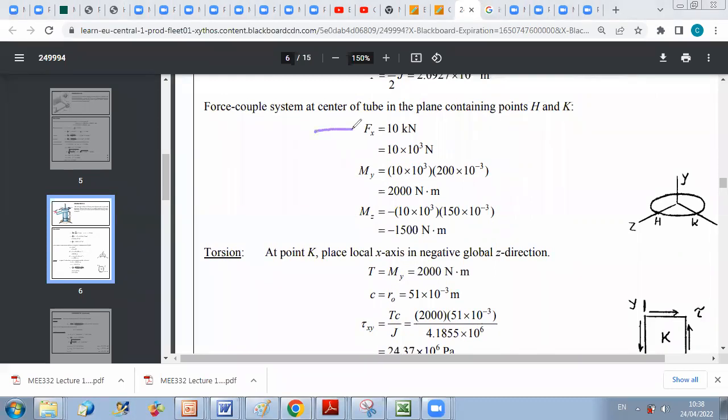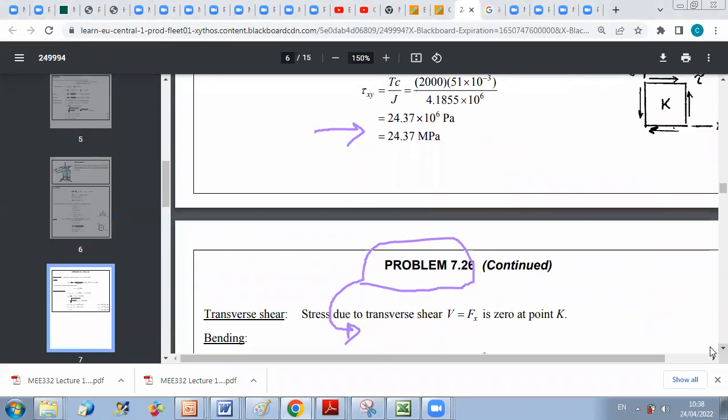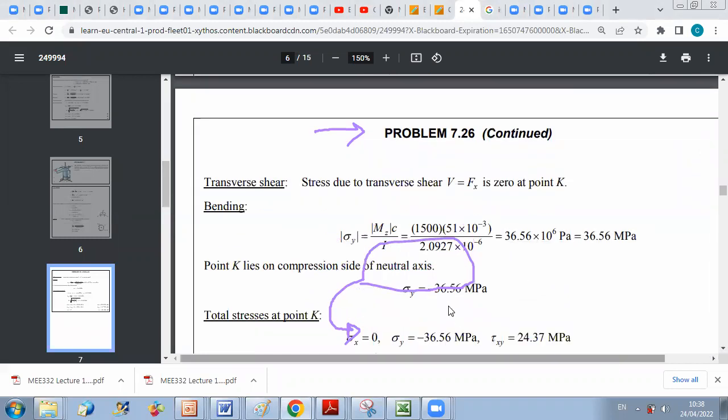You have the shear effect and you have torsion and bending effect. So as we said, the moment in y will lead to a torsion and then will be used to calculate the shear stress tau xy. So tau xy is Tc over J. And you have to calculate sigma y, which is, as we said, a compression state.